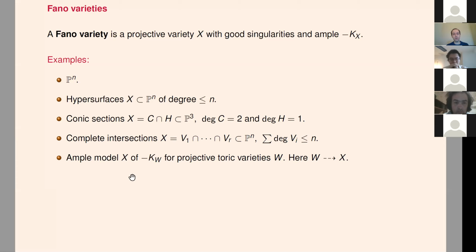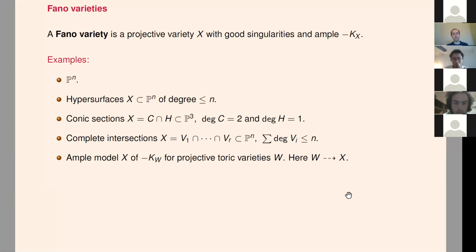It may not be ample on W itself, but it can be ample on some other model, which is uniquely determined. And that X happens to be a toric Fano variety.